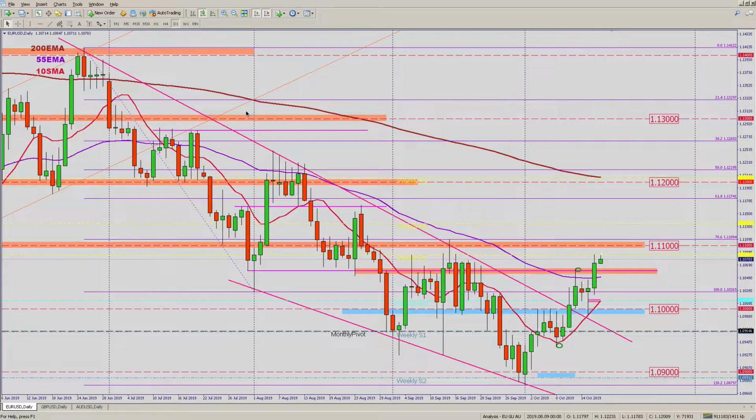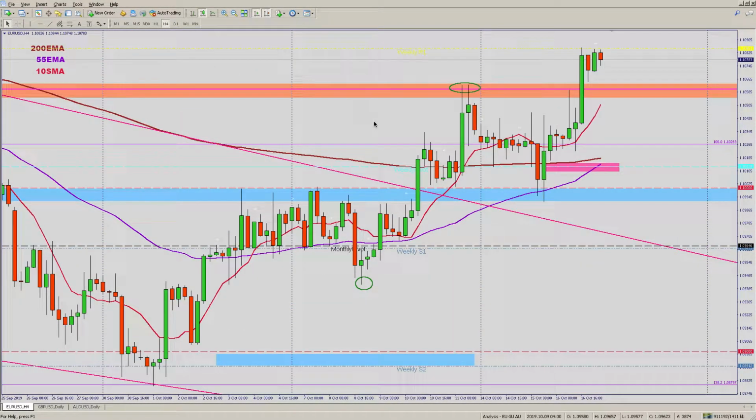And this is also partly due to still the optimism with getting a Brexit deal done with the UK. Let's switch to the 4-hour time frame.